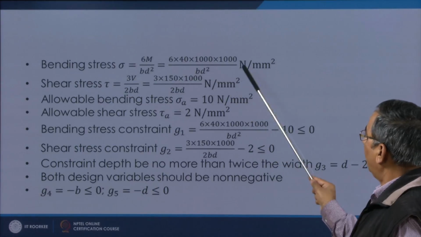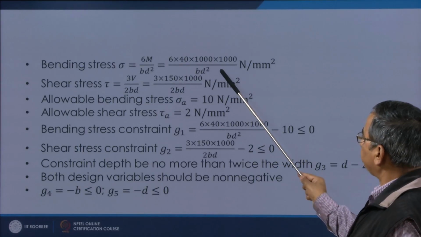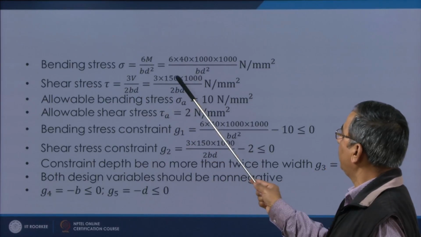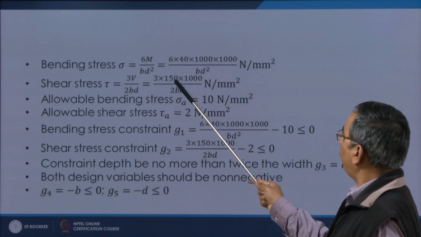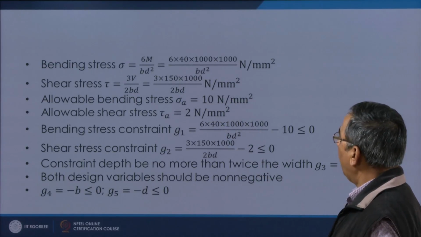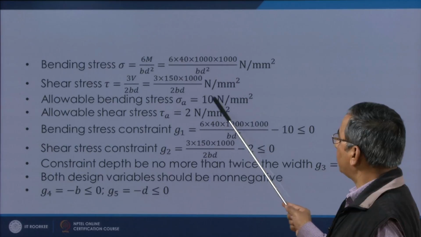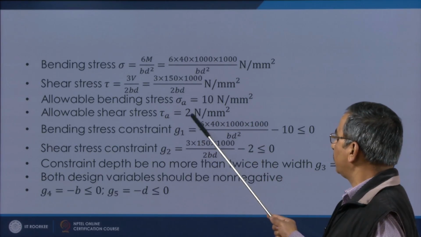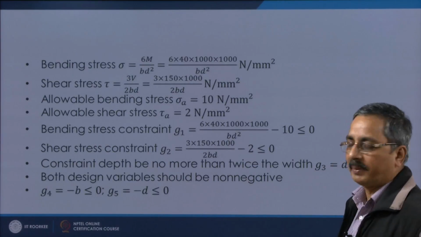So, this is the bending stress. Then we have the shear stress 3V upon 2BD. So, I substitute the value of V here, and I get an expression for the shear stress. The allowable bending stress value is known to me, that is 10 megapascal, and the allowable shear stress value is also given as 2 megapascal.